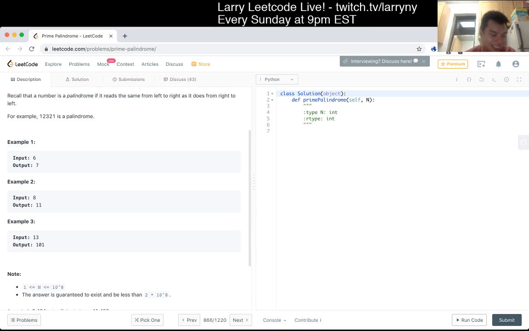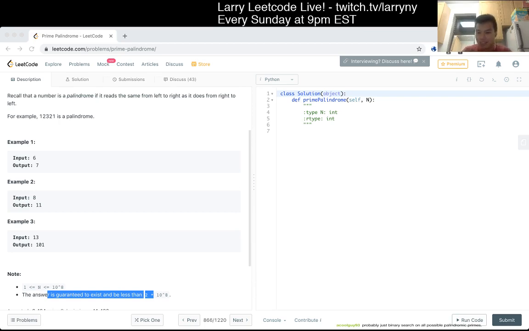Okay, so we know that it's less than 10 to the eighth, so I think we could actually just generate all of them, and then take the min that's bigger than n, if that makes sense. And then you could binary search after that, actually.